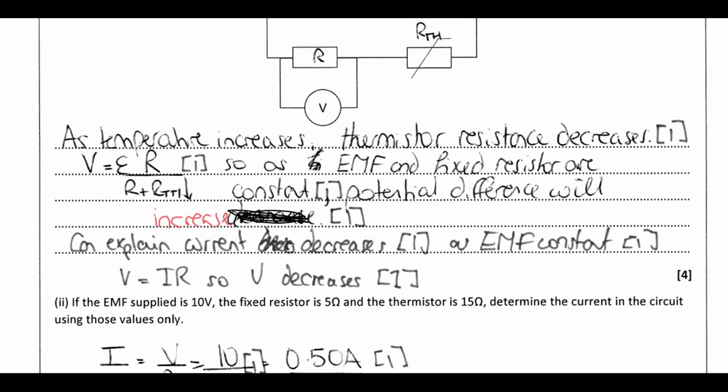And the reason we can do that is because this R stays the same, this R stays the same, the EMF stays the same, so the only thing that changes is this one, therefore the potential difference across this one is going to increase if this one decreases. And you'll see the next part. So current, that's actually rubbish, it's not going to decrease, current is going to increase.